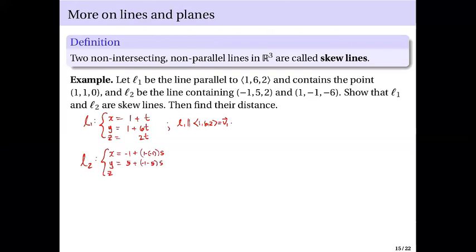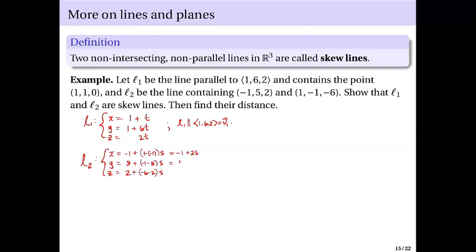And your z, this is 2 plus quantity negative 6 minus 2 s.